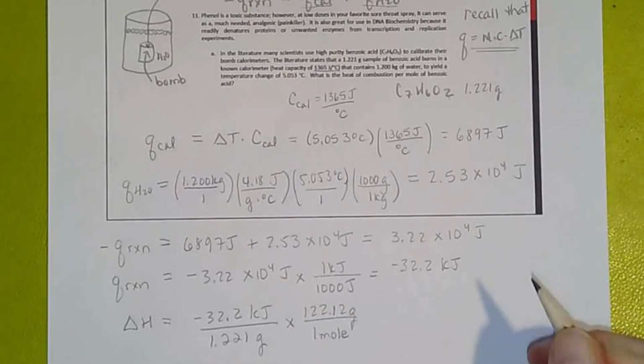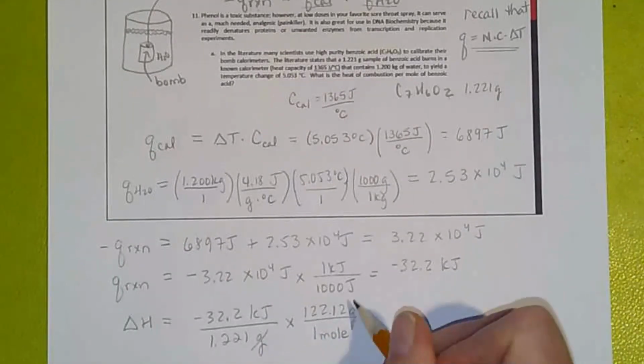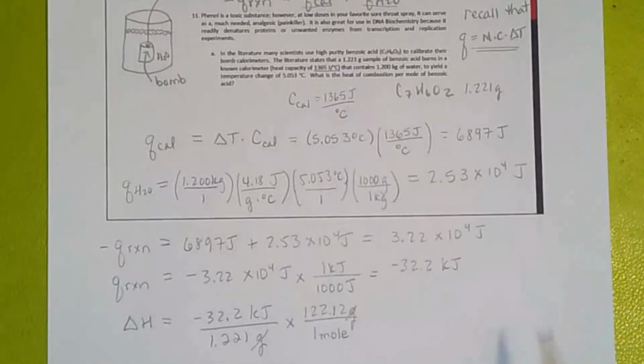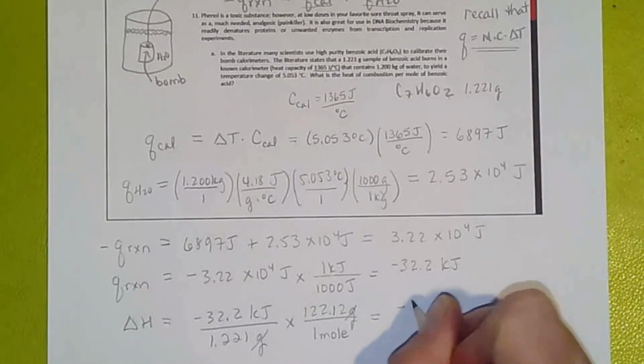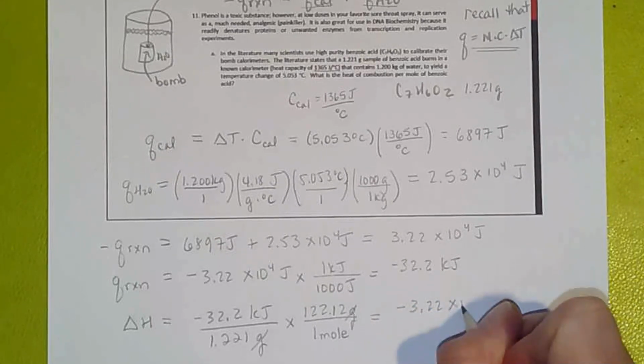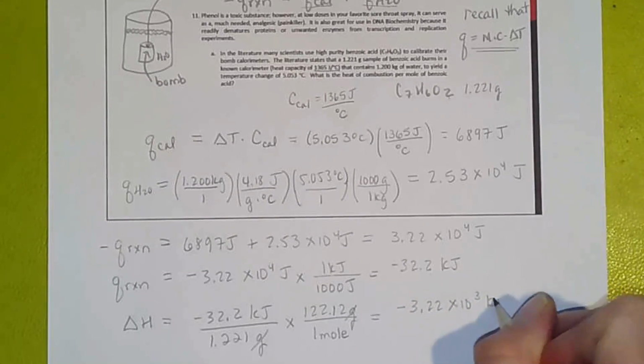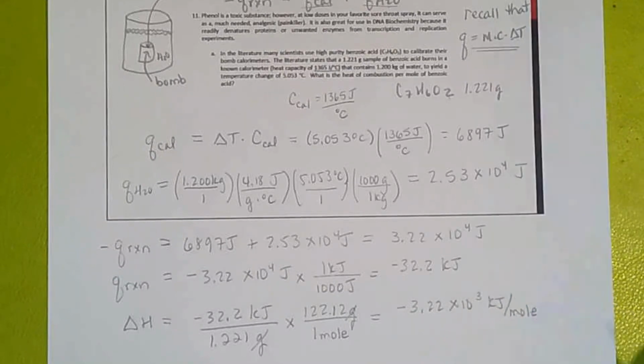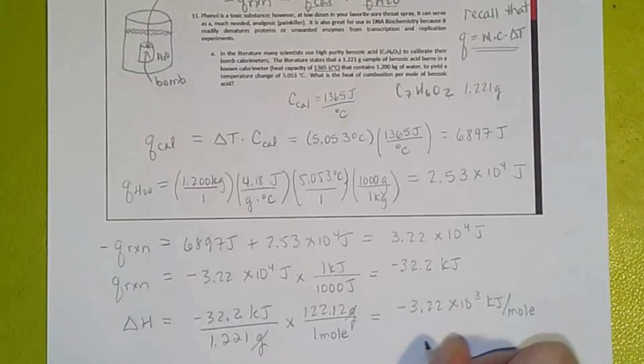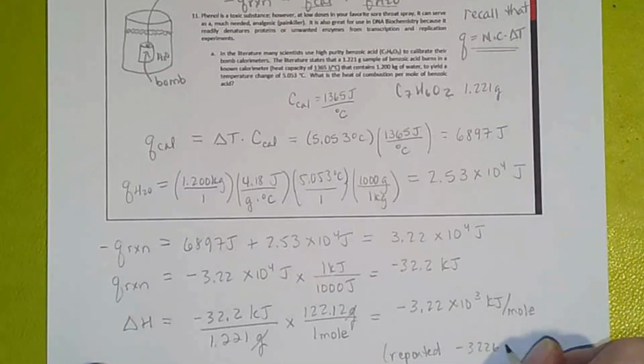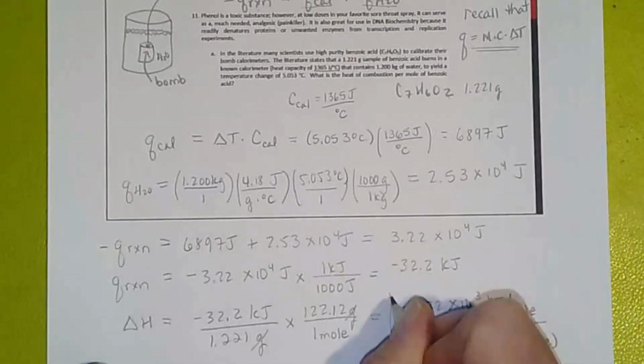So you have to look that up or calculate it based on the chemical formula that you're given up in the question. Okay, so this gives us negative 3.22 times 10 to the 3rd kilojoules per 1 mole. The reported value, by the way, if you go online and look this up, is negative 3.226. So we're pretty close. Okay, so this is our final answer.